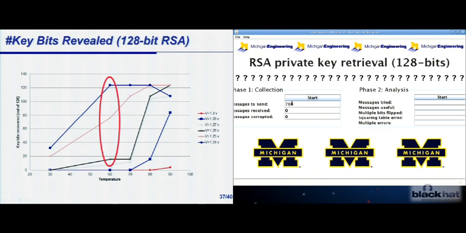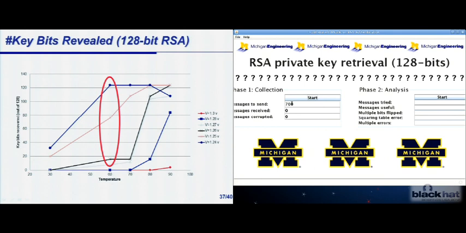So they figured out they needed a heat sink so that they don't have this positive feedback, where in a couple of minutes all the signatures are broken just because the thing is heating up. But they basically figured out that just with temperature, they could extract the entire 128-bit RSA.